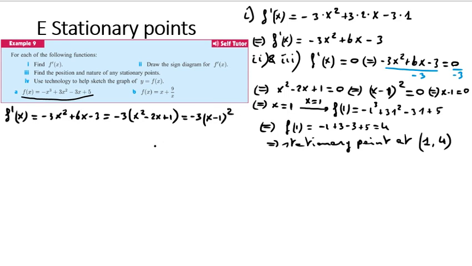And now we can make the sign table or the sign diagram. So here we have x, and we have a stationary point when x is equal to 1. So we have a minus 3 here, and x minus 1 to the power of 2 here.